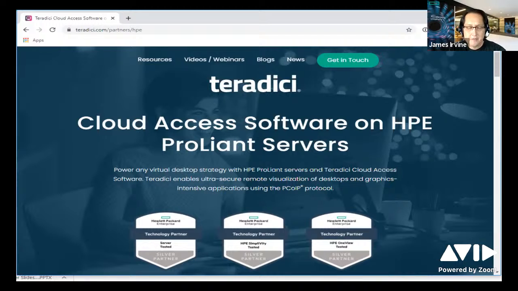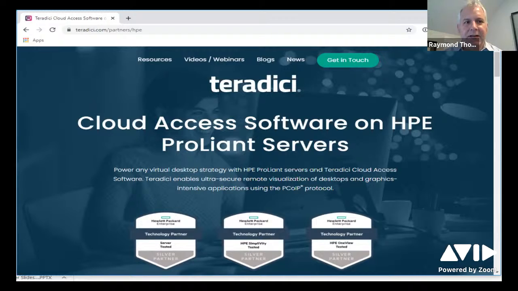There are reference architectures and white papers that you can download and read to get an understanding of where we are today. Where we're going in the future, with Avid, is one of our key priorities: the next version of the reference architectures that will support different generations of processors and GPU combinations that are not available today.